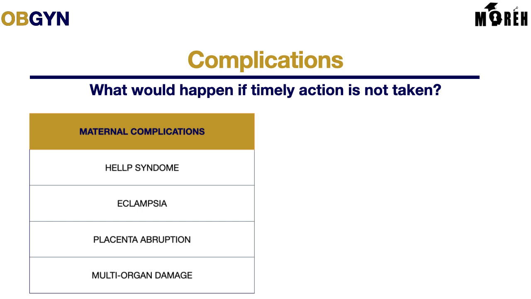We have HELP syndrome. Okay, there's hemolysis due to the endothelial damage and the narrowing of the blood vessels. The red blood cells undergo shearing, and there's hemolysis in this case. And then there's elevated liver enzymes because of damage to the liver due to hypoperfusion.